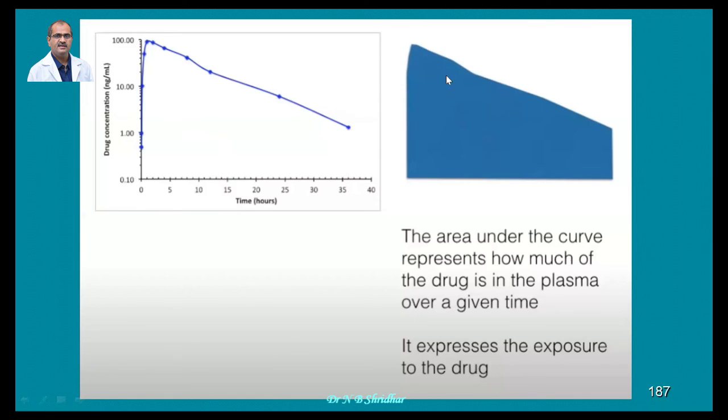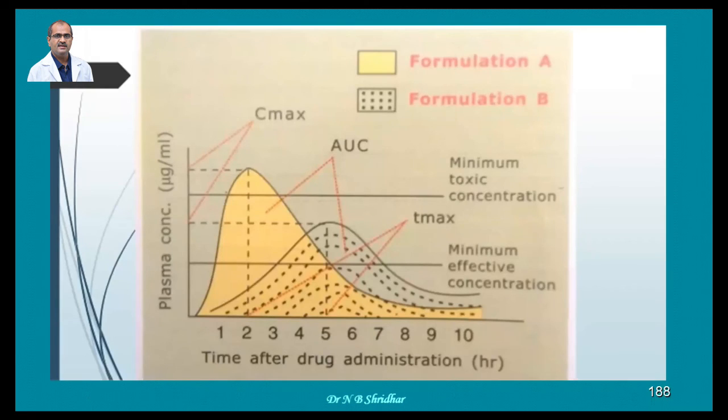So we are going to calculate this particular thing, and many formulas are there. It's just a statistical calculation, and we are going to interpret it very fast. So here in this particular graph you can see you are administering two formulations or two drugs. A may be aspirin and B may be phenylbutazone.